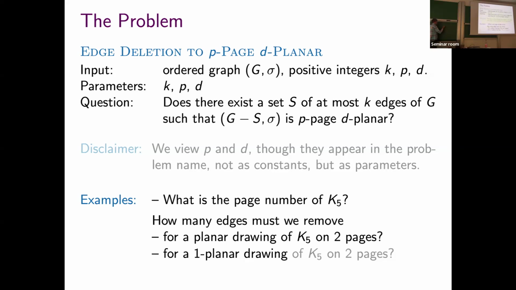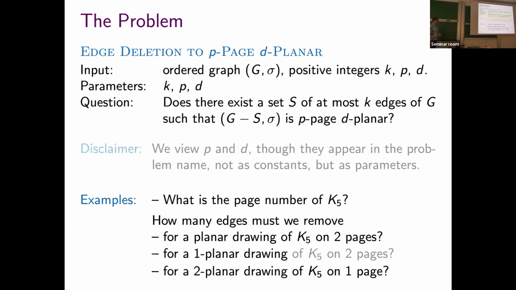If we are able to do that, so there are 1, 2, 3 edges inside, 2 of them cross, and there are 1, 2 edges outside. They don't cross, so this will be our 1 planar drawing of K5 on 2 pages.